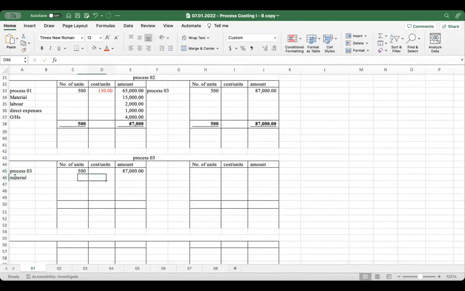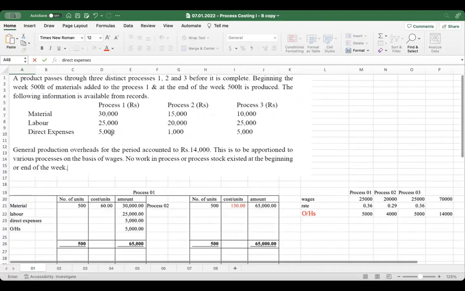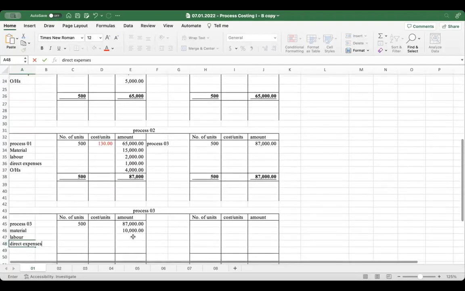Material would be 10,000. Then we have labor and so here see there are other direct expenses as well. So you have to include those. Labor and direct expenses would be 25,000 and 5,000.